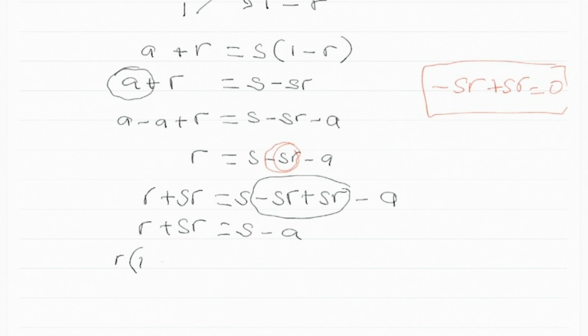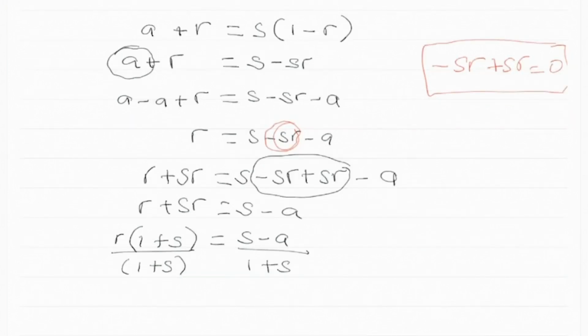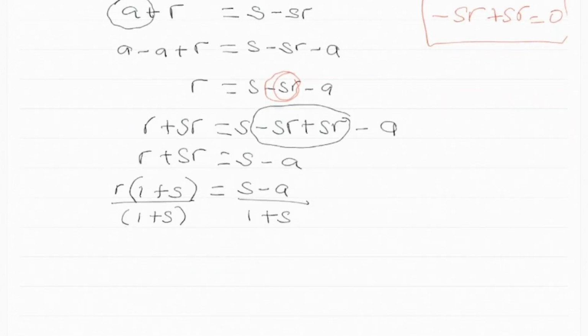Good. To find R, we divide through by 1 plus S. Remember, what you do on the left, you also do on the right. So this will give us 1 plus S into 1 plus S, it's 1.